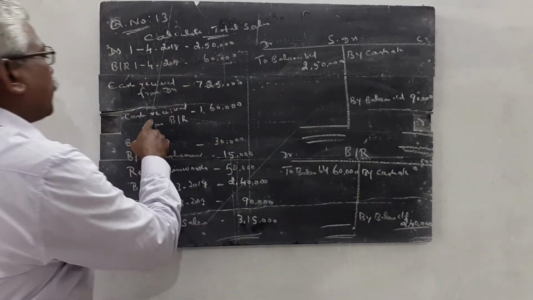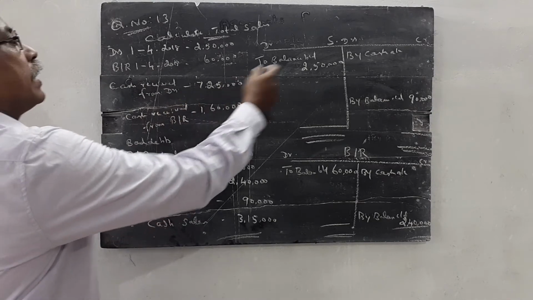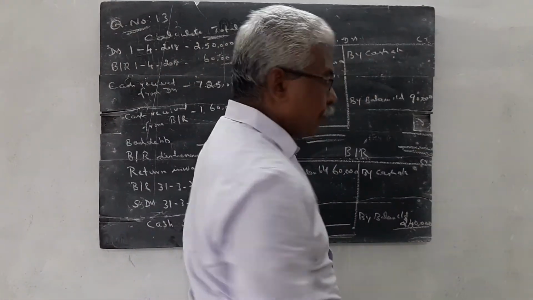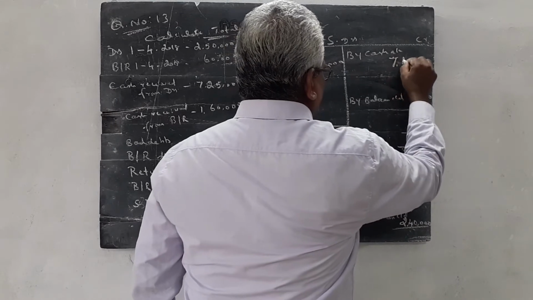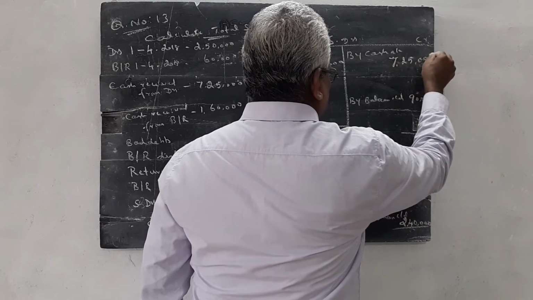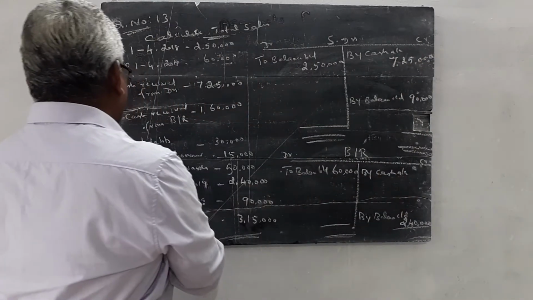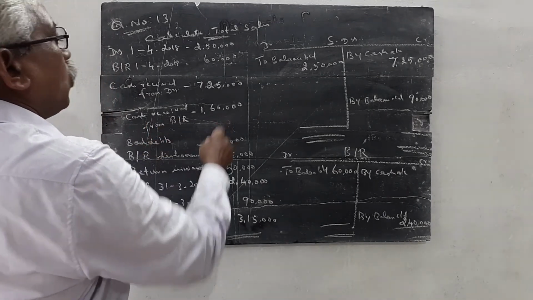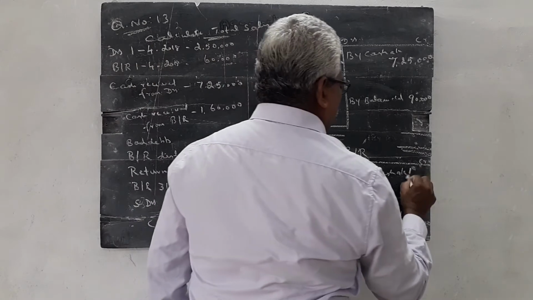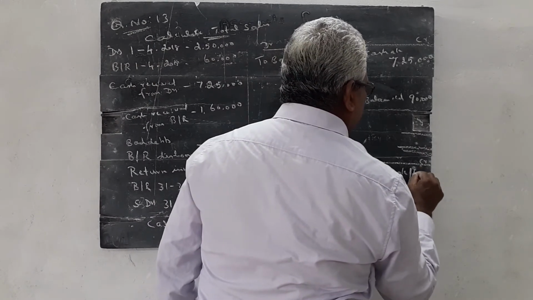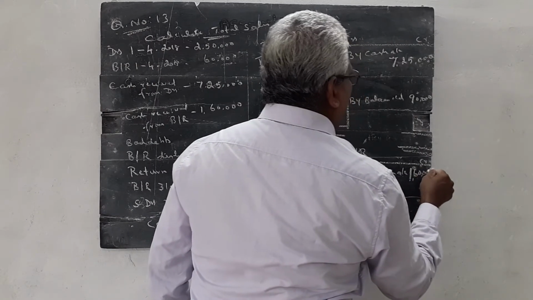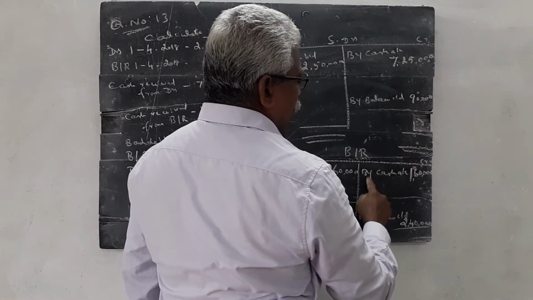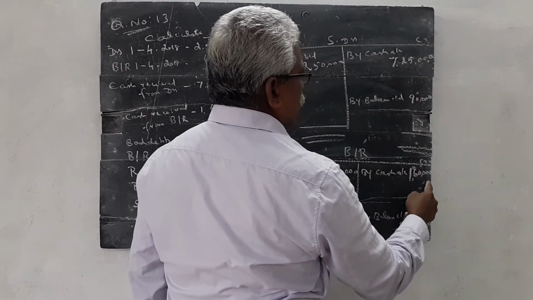Cash received from debtors 7,25,000 is entered here. Here cash account, cash received from bills receivable 1,60,000.